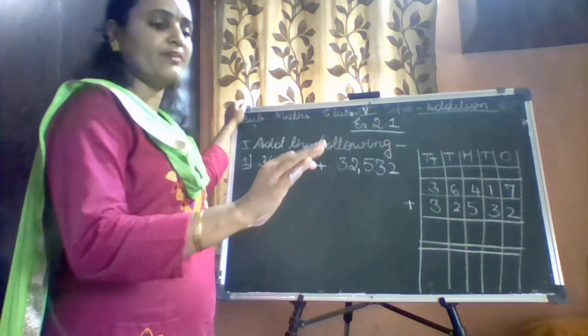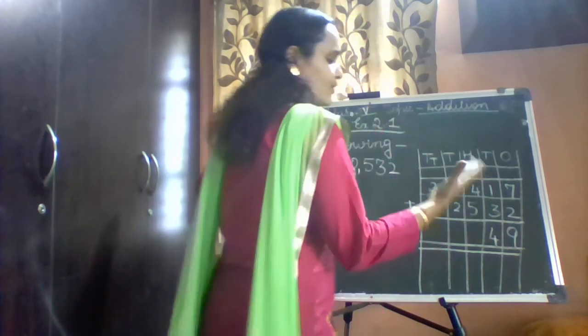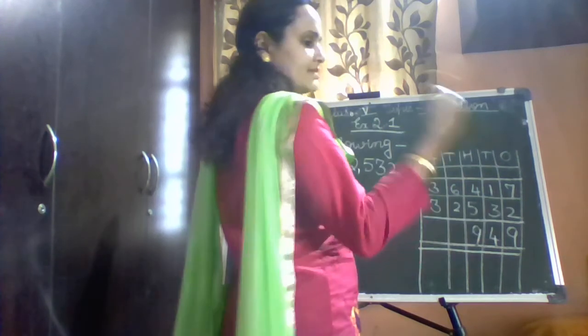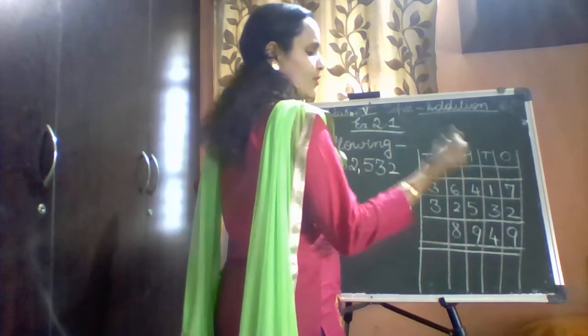Now we'll add it. Addition should always be done from the right side. So 7 plus 2 is 9. 3 plus 1 is 4. 4 plus 5 is 9. 6 plus 2 is 8. 3 plus 3 is 6.